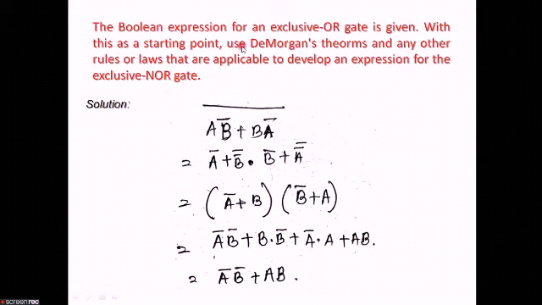That is, we have to use De Morgan's theorem and any other laws which are applicable to develop an expression for the exclusive NOR gate. Now this is the expression A B bar plus of B A bar. This is the expression of an exclusive OR gate.